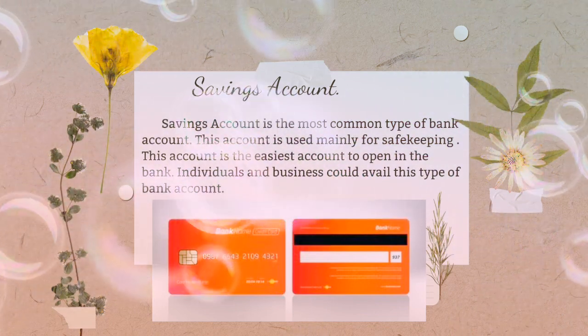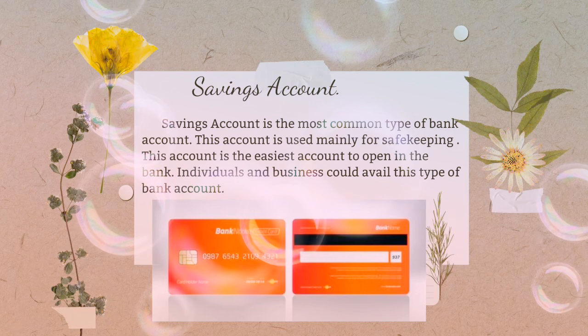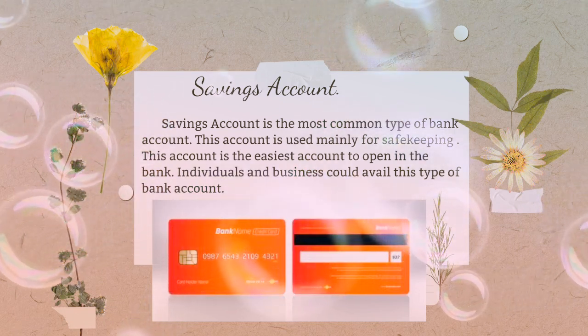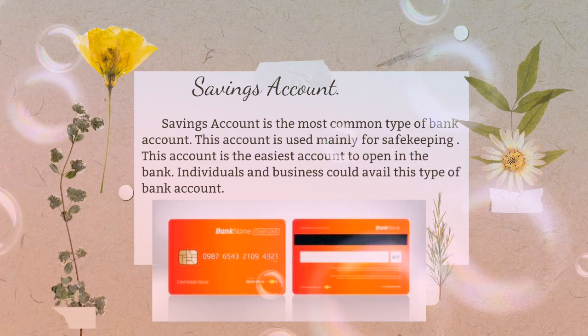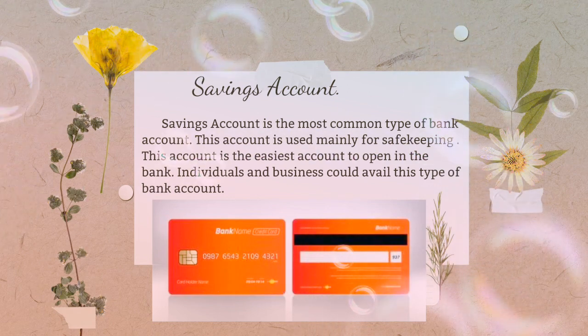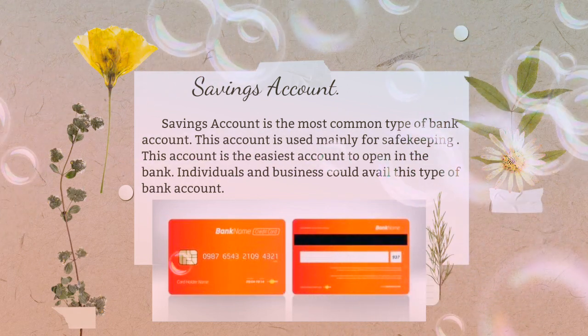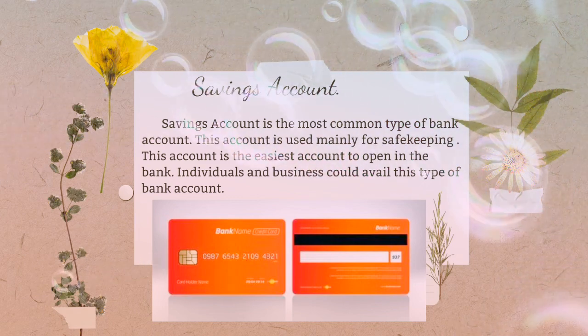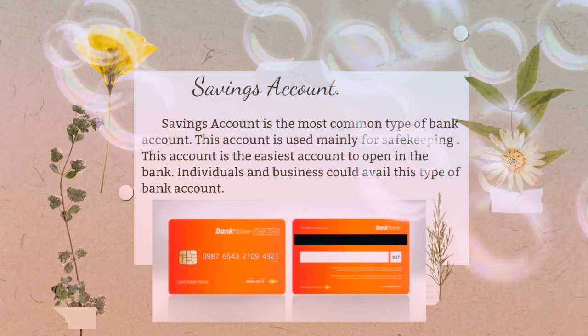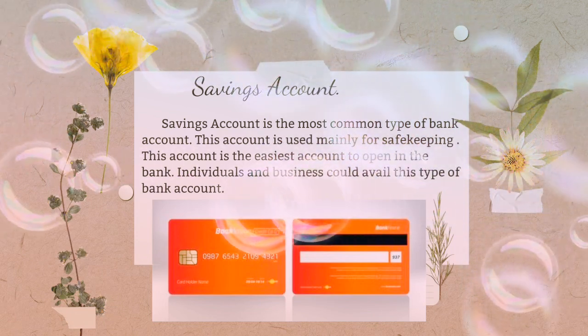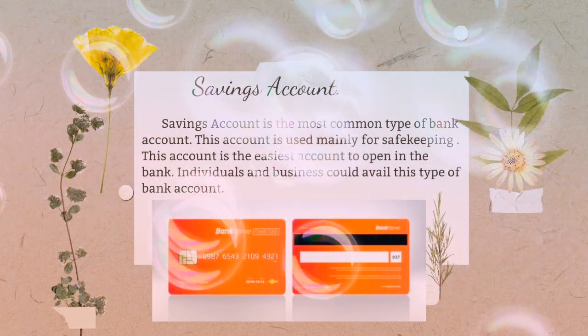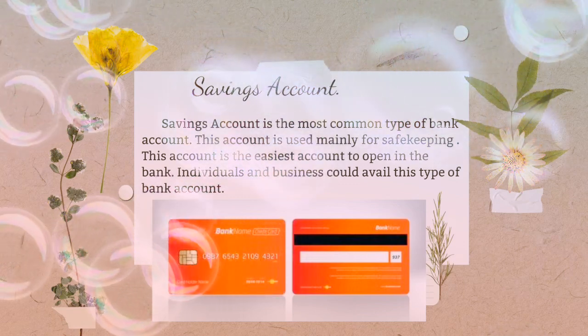As we can see in the video, we have an example of an ATM card, or automated teller machine card. Banks issue this kind of card as evidence of deposit. An ATM card is a small ID-type card used by the depositor to withdraw cash from the savings account. A computer-driven machine called an ATM is provided by banks to process the depositor's transactions.